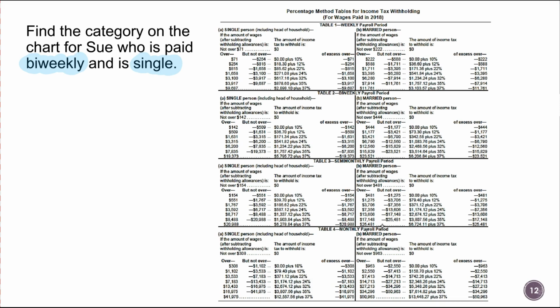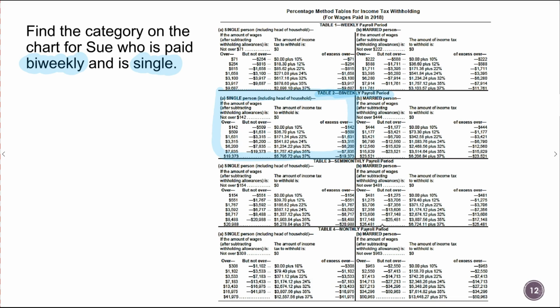On the left-hand column, it's single, so that's where we're going to be for Sue. The right-hand column is married. And then now we're looking for bi-weekly. Well, bi-weekly is right here. And then she's single, so this is the chart that we will be looking at to figure out her withholding.